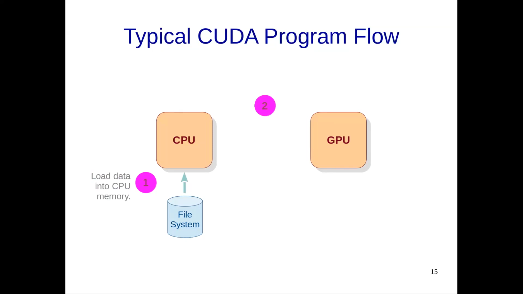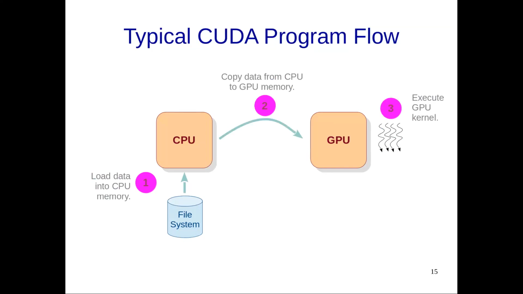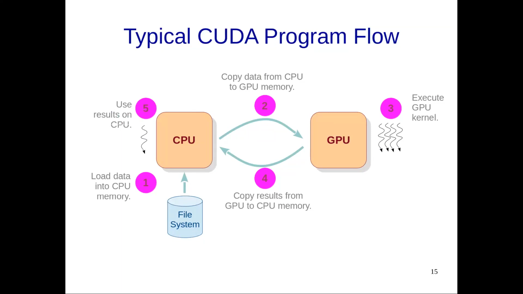The second step is that once you have data in CPU memory, you transfer it to the GPU memory, whatever is required for parallel processing. We process it as the third step on the GPU in parallel. We get the results and then bring those results back from GPU to CPU as the fourth step, and then make use of that on the CPU, typically sequentially, but you can also do parallel CPU execution. For example, you can combine OpenMP and CUDA.